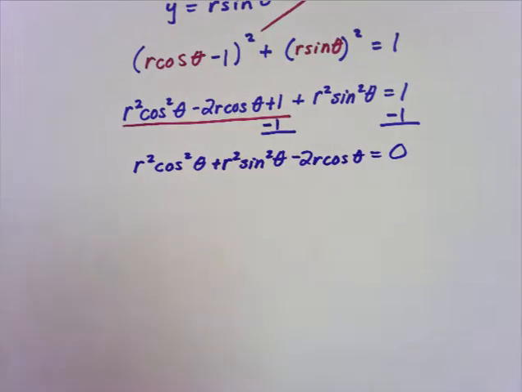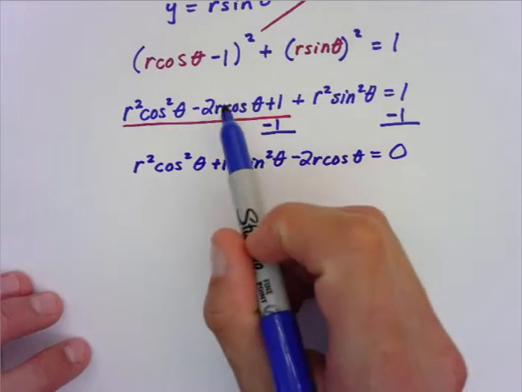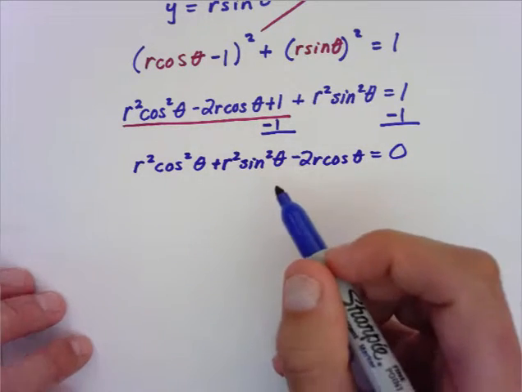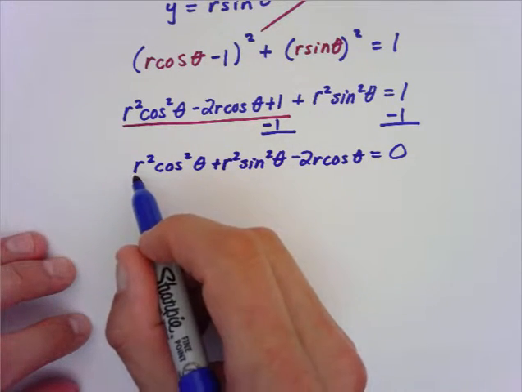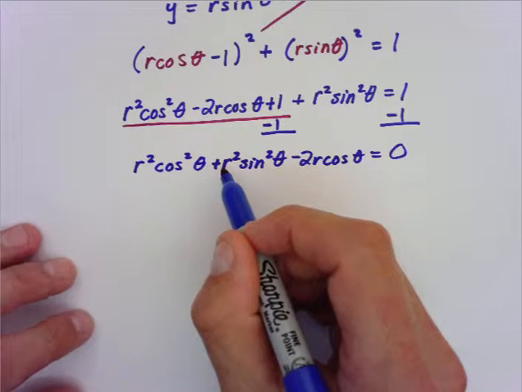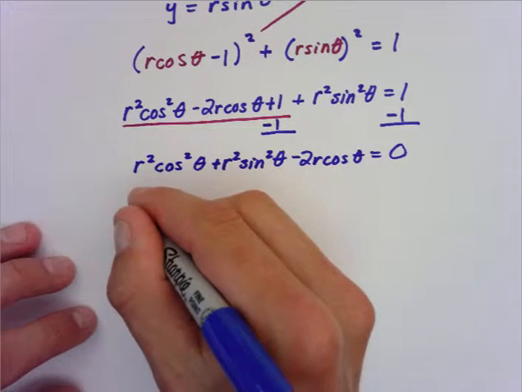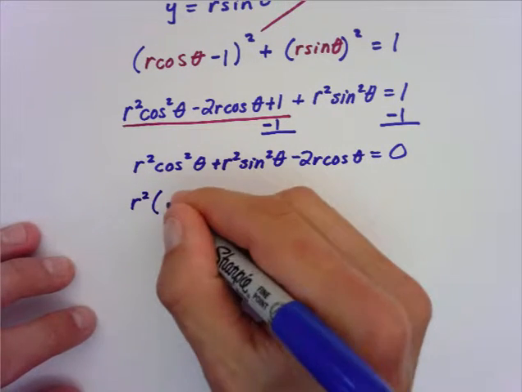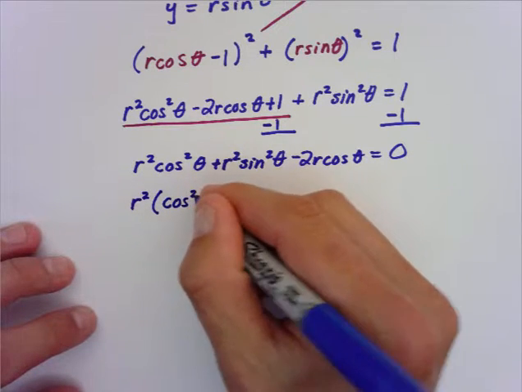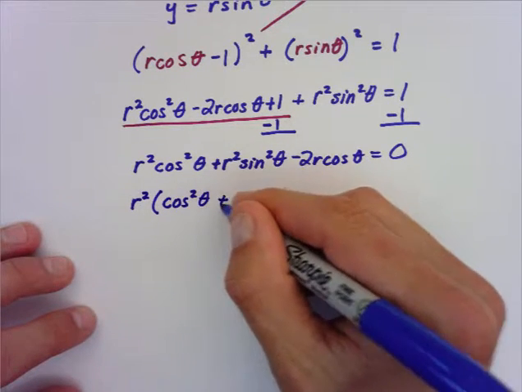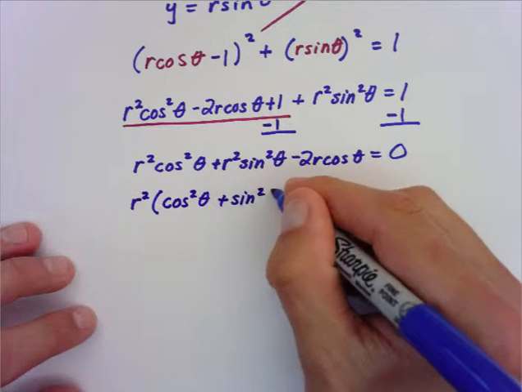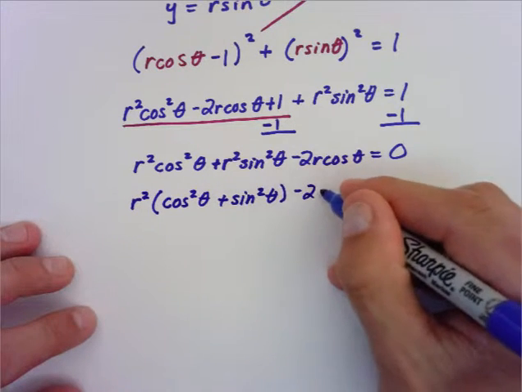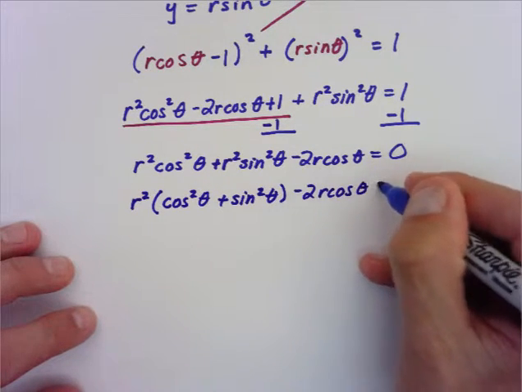So I just moved this term ahead of this one. Why did I do that? Because if you look, you have r squared and r squared in the first two terms, so why don't we factor that out? You're going to factor out an r squared, and you're left with cosine squared theta plus sine squared theta, minus 2r cosine theta equal to 0.